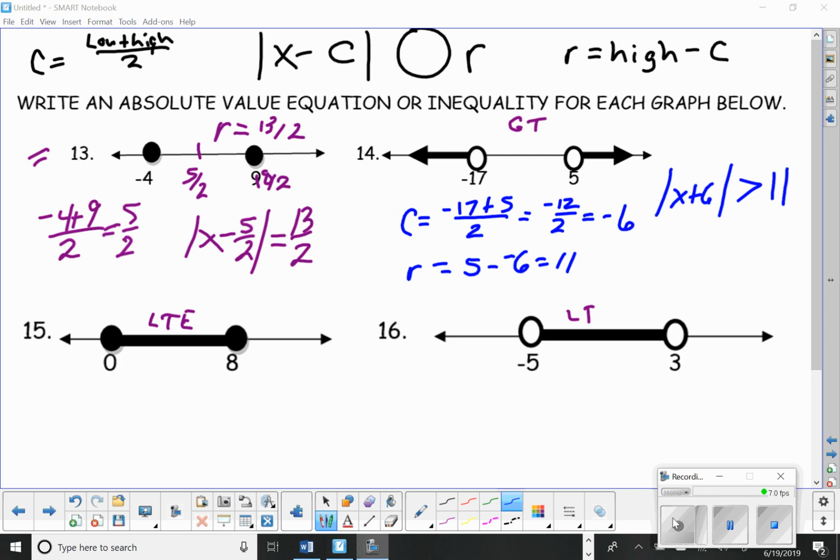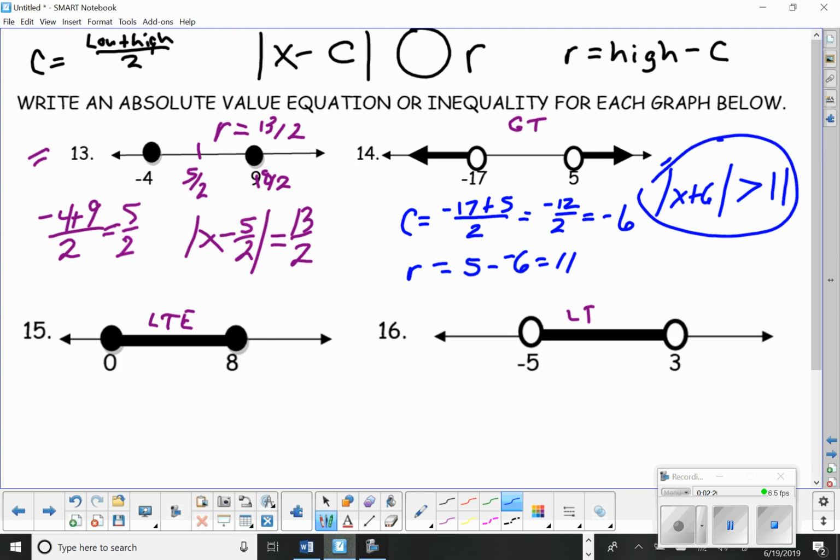Okay, I got number 14 done, just to sort of speed up the video just a little bit. The center, the low plus the high divided by 2 was -6. The distance, the high minus the center, 5 minus -6 is 11. Remember that it's x minus the center, so x minus -6 is x plus 6.